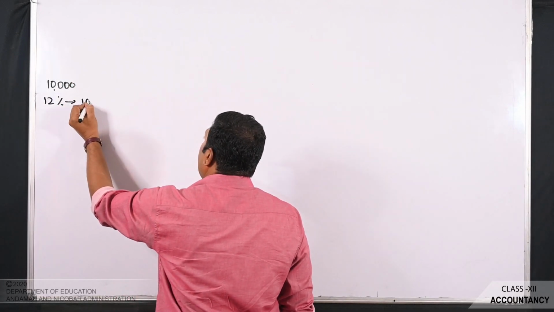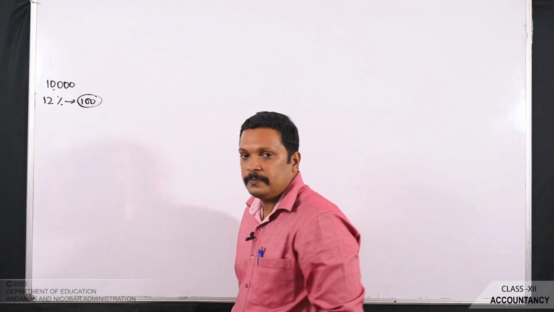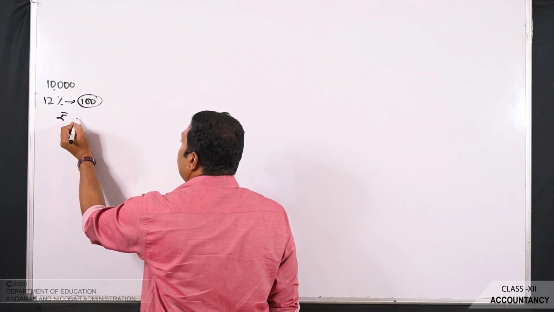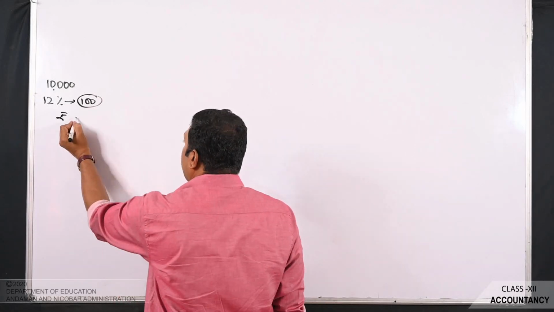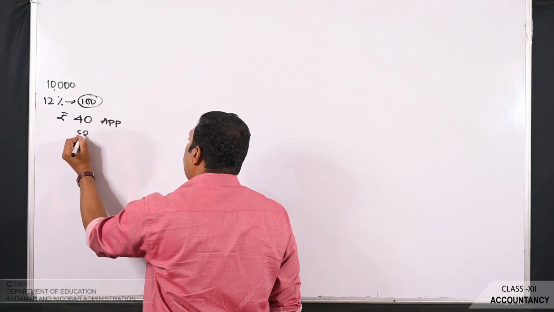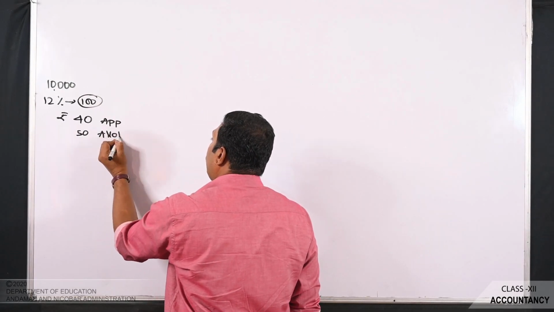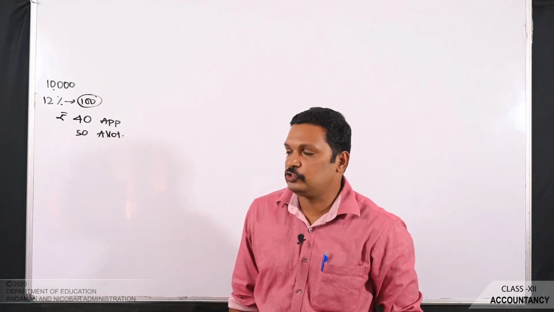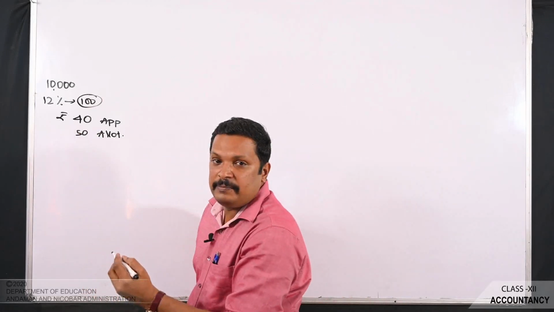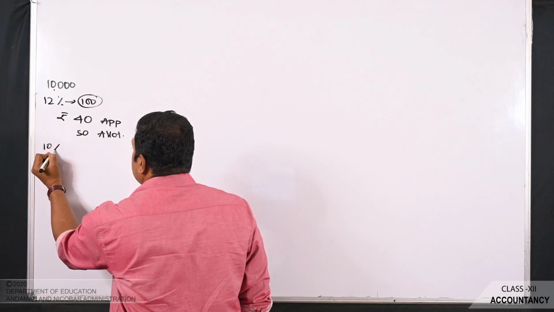That is 100 rupees is the face value, right? And the installment amount is 40 on application and 50 on allotment and final. That's the final installment. So the discount rate is 10% is given. So 10% discount is given.